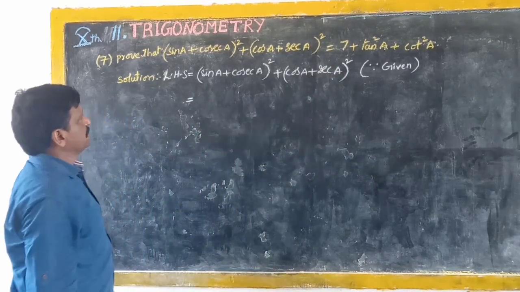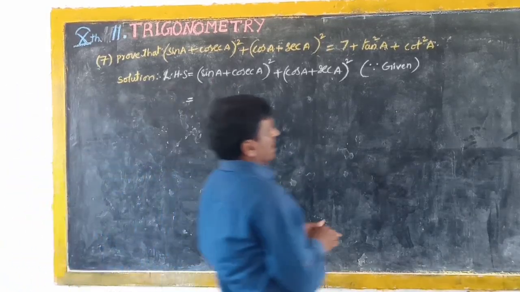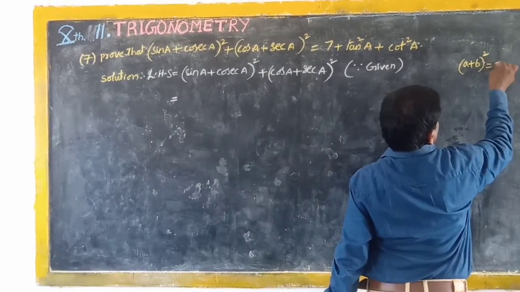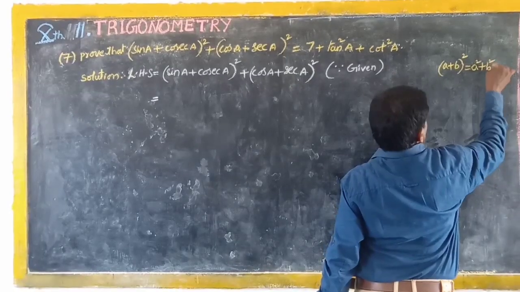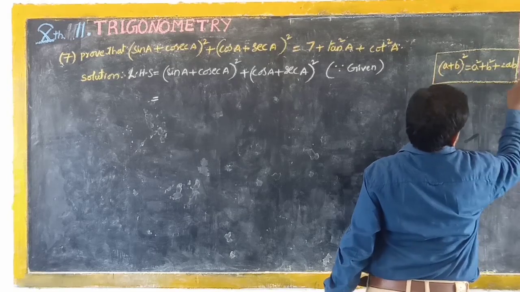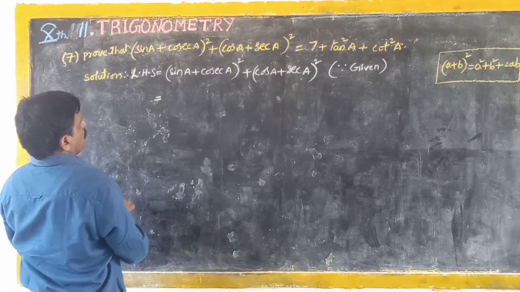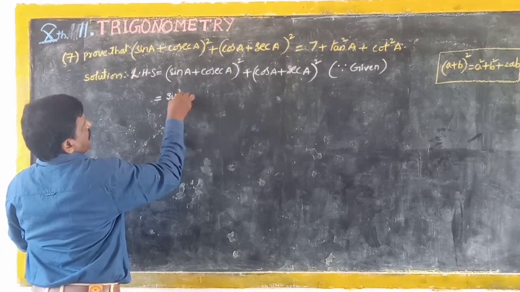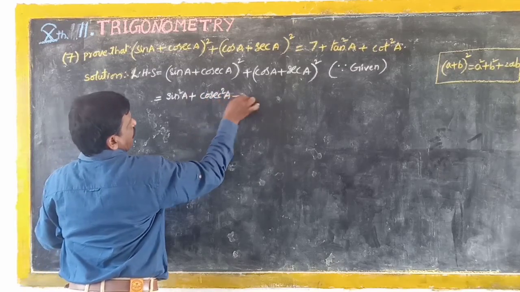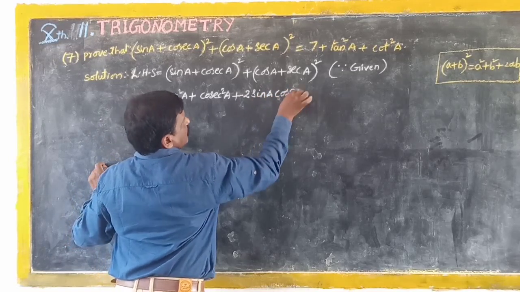Now sin A plus cosecant A whole square, a plus b whole square is a square plus b square plus 2ab. So a square means sin square A plus cosecant square A plus 2 sin A cosecant A.